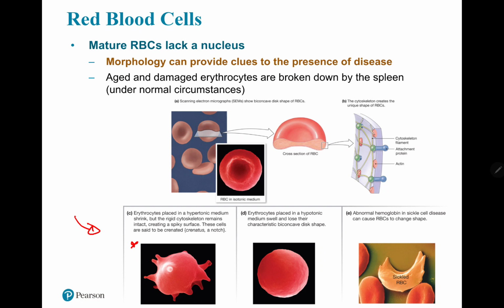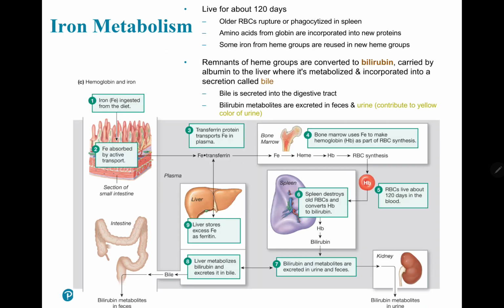And these cells actually crenate, right? Versus if you put an erythrocyte in a hypotonic solution, they're going to swell up, right? And they're going to lose their characteristic biconcave disc shape, and they're going to become like a ball or blob, right? I think of hypo or hippo, right? And then we'll talk about sickle cell disease too, that sickled cell shape, okay?